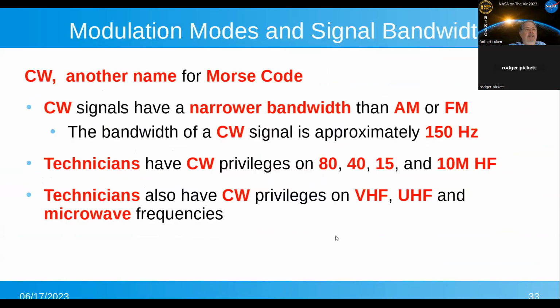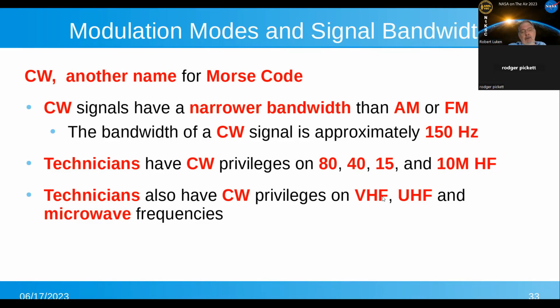Okay. CW or continuous wave is another name for Morse code. If you look at the band plan charts and stuff, they all just list it as CW. But I've not seen any kind of CW that isn't actually Morse code. They have a very narrow bandwidth compared to the rest, approximately 150 hertz.